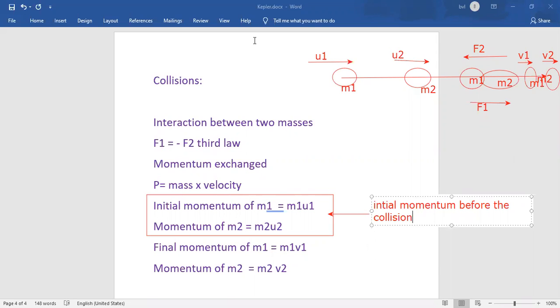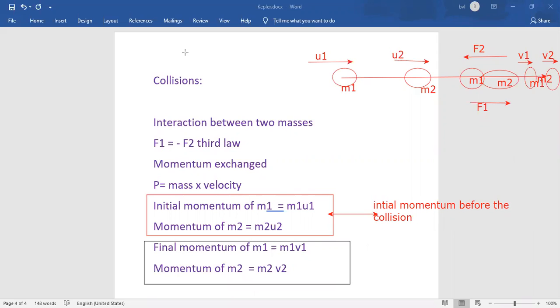And the next one is the final momentum, after the collision.